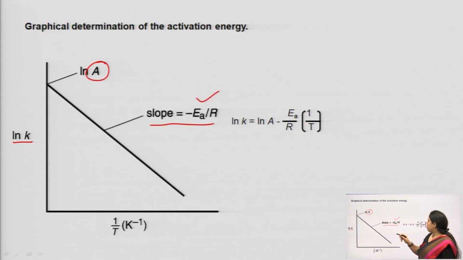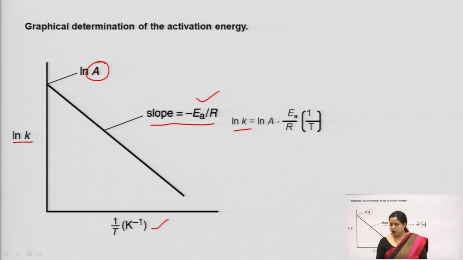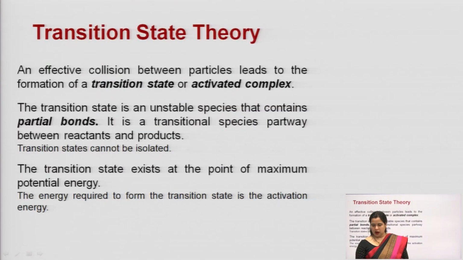So, this is how we can calculate E A using graphical methods. The formula will be ln K equals ln A minus E A by R times 1 by T. This is how we graphically represent the activation energy and identify its value.